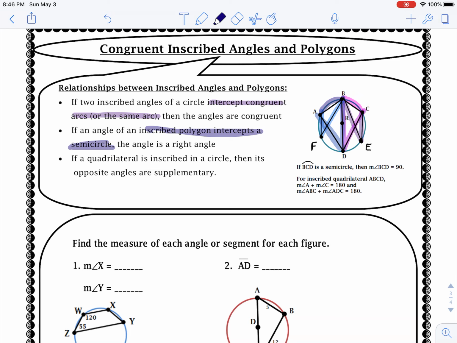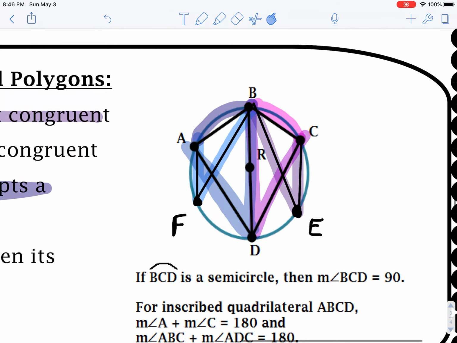And this last one: if a quadrilateral is inscribed in a circle, then its opposite angles are supplementary. In this diagram, and I know it's kind of a mess right now, look at our quadrilateral as being ABCD. If I erase, I'm going to lose everything, so I'm going to highlight it in yellow.